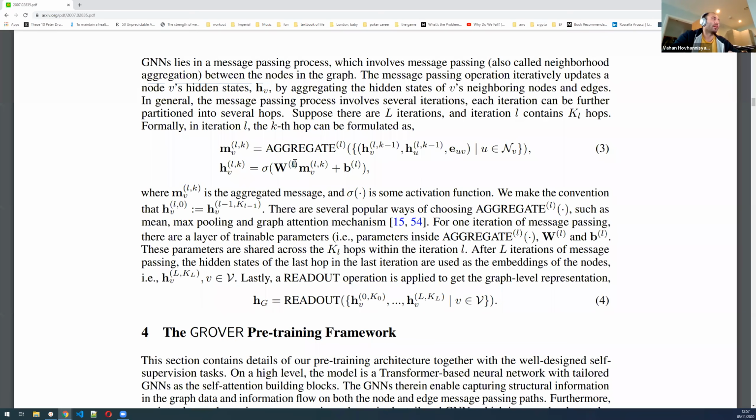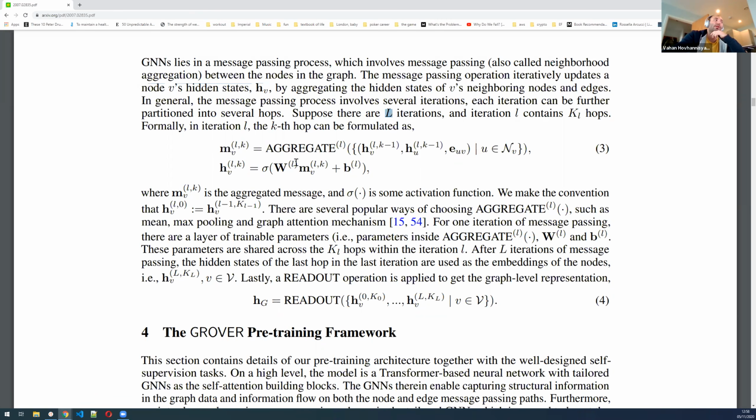I think the dimension L is not a dimension of W, because it's an index, right? So each WL has the same dimensions. Oh no, maybe not the same. Maybe it depends on each iteration. No, each WL has the same dimensions, I think, but the capital L is not one of them.